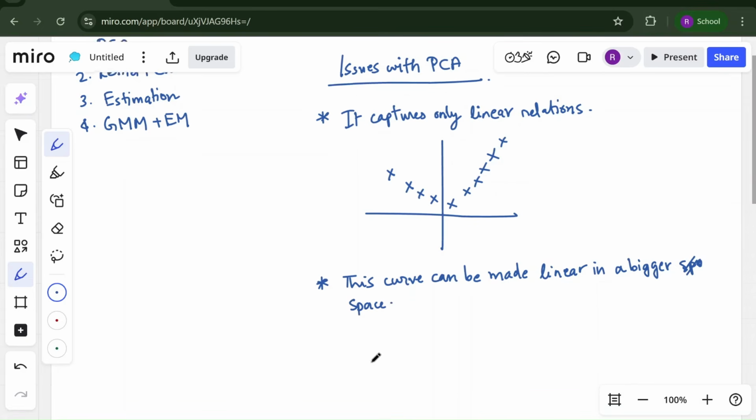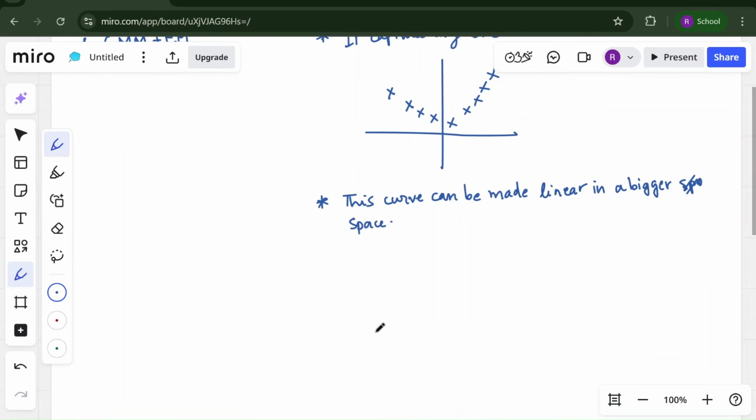But what is the problem of taking it to a bigger space? The problem is that instead of a small dimension d, you will move to a bigger dimension capital D. And in capital D, if you want to, let's say, compute the covariance matrix, or do any sort of comparison, or compute the distance between two vectors, all of them become even more costly than doing it in small d.